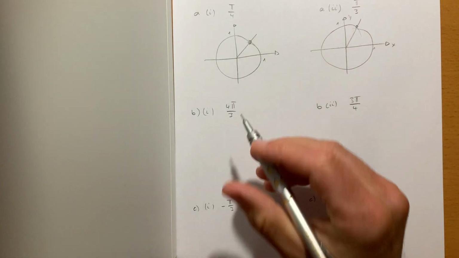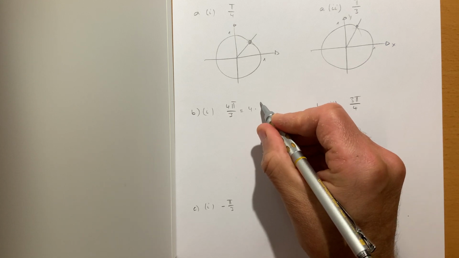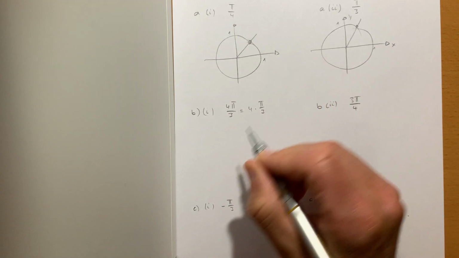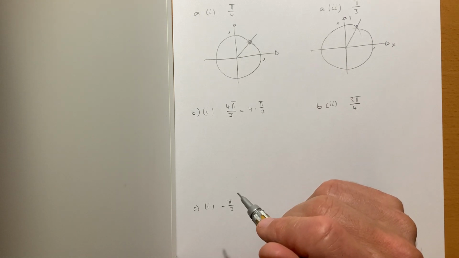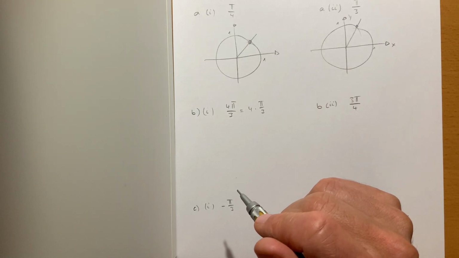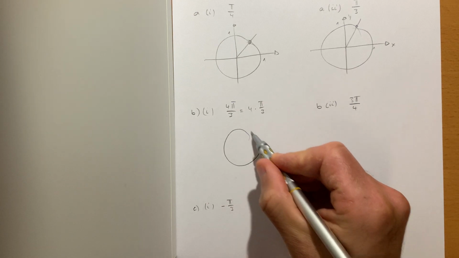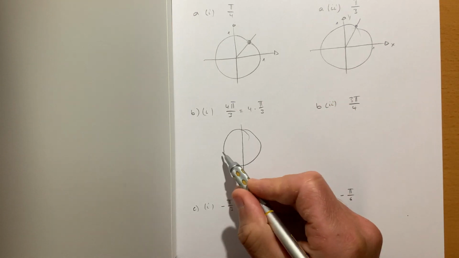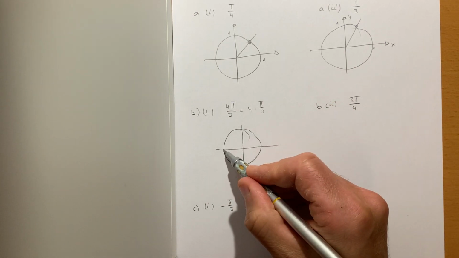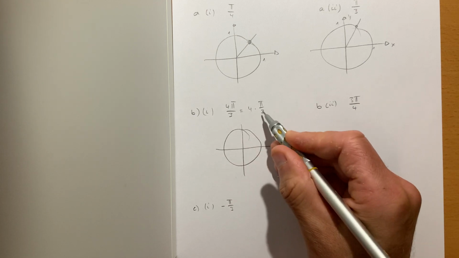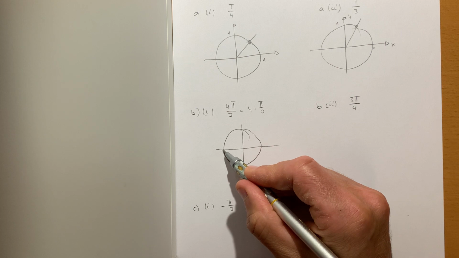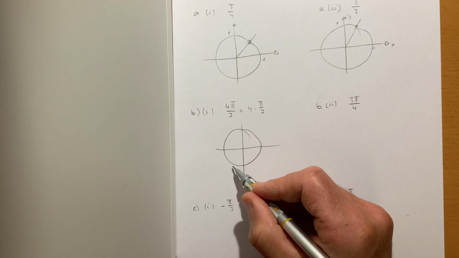Please make hand sketches. 4 pi thirds, that's 4 times pi thirds. Pi thirds is 60 degrees, so 4 times 60 degrees is obviously 240 degrees. So let's have a unit circle. This is 180 plus, this is 3 times pi thirds, plus 1 time pi thirds, so you will be here.